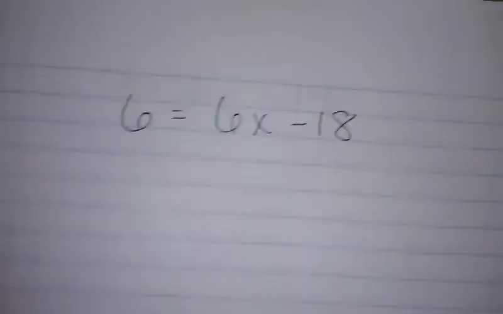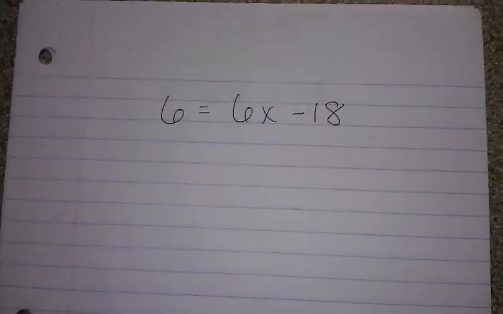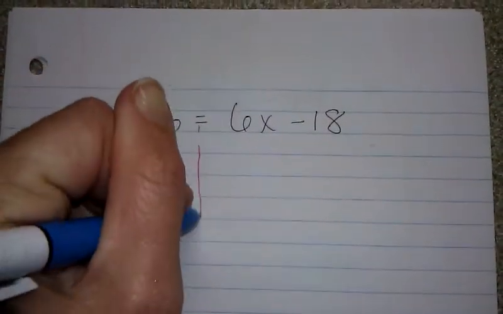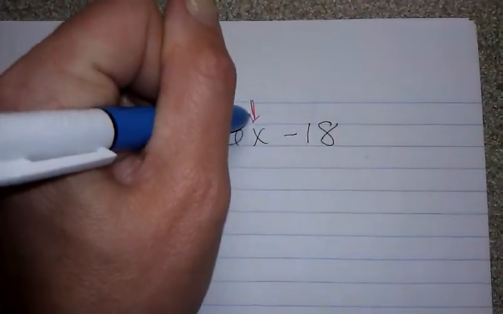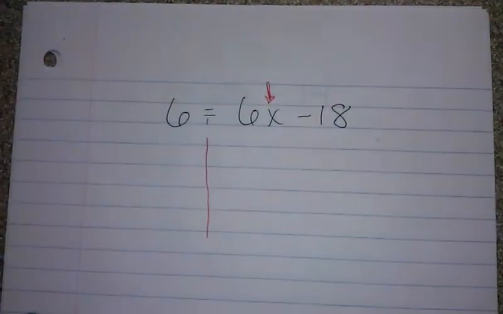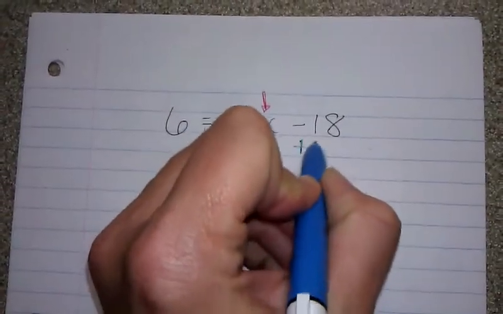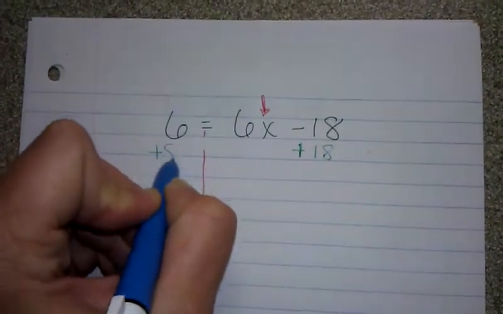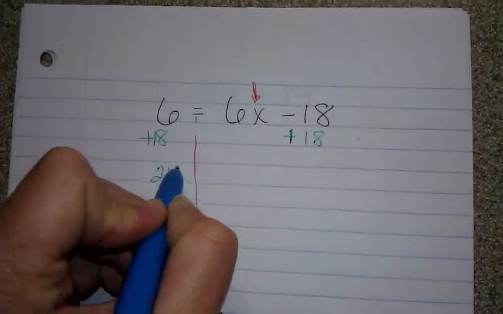There's the next one. Pause the video. Come back and see how you did. I'm going to draw my dotted line. Even though the x is on the other side, I want to get x by itself. First thing I'm going to do is add or subtract, so what's on the same side? I have a minus 18, so I'm going to add 18 to each side. 6 plus 18 is 24.